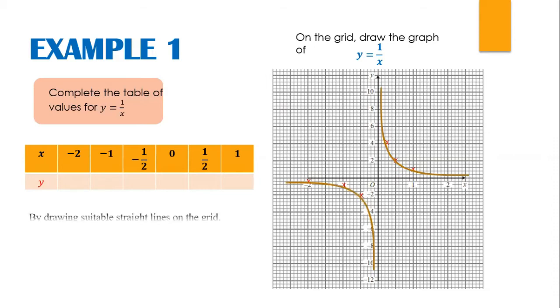Okay, next. By drawing suitable straight lines on the grid, solve the following equation. What's the equation? 1 over x equals 2. Students, you understand the solution on the grid means the intersection.